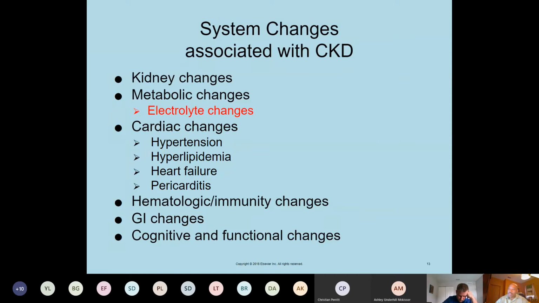What may also increase the potassium level is if we don't restrict it, and that's why we bring in a dietitian so they can restrict some of the potassium in these patients' foods. So you may have to get them on board too, in order to make sure that they're receiving just enough, but not too much that it could impact their cardiac system. Also, patients who have increased tissue breakdown can have an increase in their potassium as well. So we want to make sure these things do not happen.